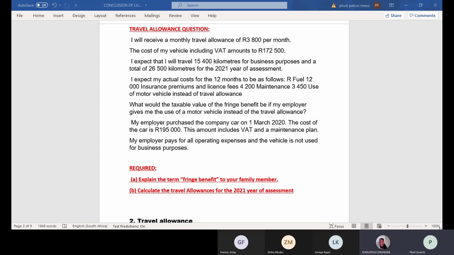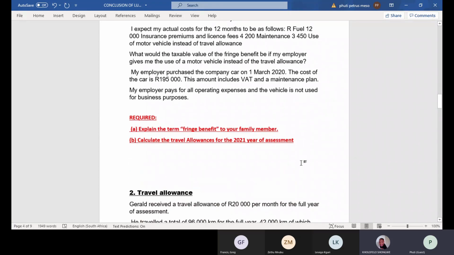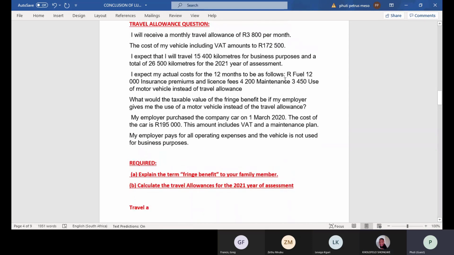Because they already gave us an amount of 8,000 per month, I then have to determine how long they traveled, the expected business travel. I'd have to calculate how much the business travels are. Then I'd have to calculate the cost of each kilometer. Okay, no problem. Lead me the way.